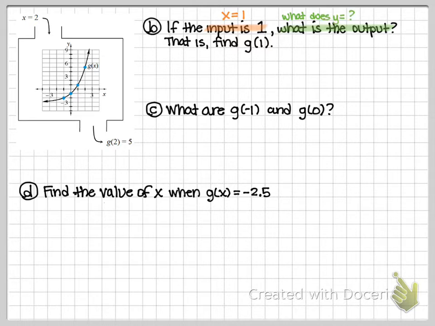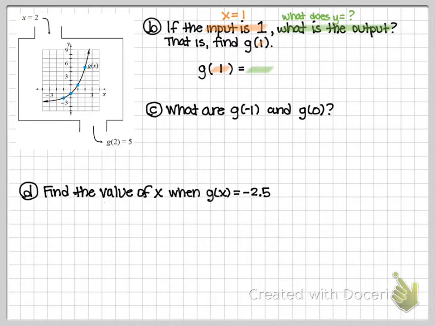All right. Okay, I already started the notation for you as well. So if you look, we've got 1 inside the notation. So here's what we're trying to do. We're trying to do g of, well, we know the input is 1. We're trying to find the output. So I'm trying to find the point on the graph.